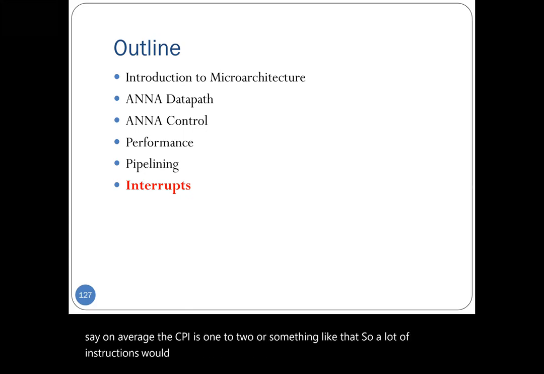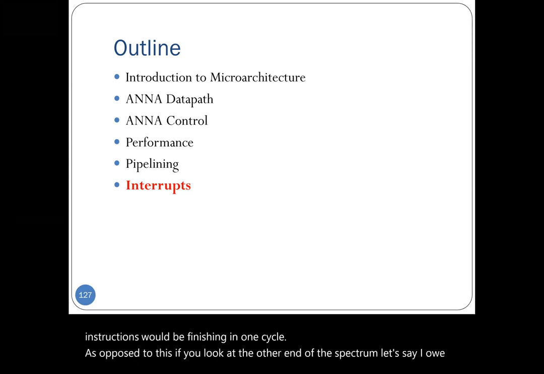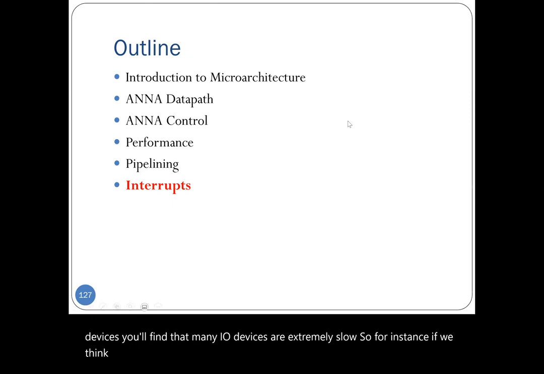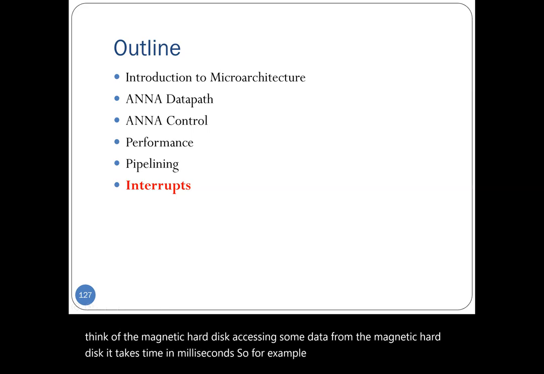As opposed to this, if you look at the other end of this spectrum, IO devices, you'll find that many IO devices are extremely slow. For instance, accessing some data from a magnetic hard disk takes time in milliseconds, for example 5 to 10 milliseconds, or maybe more sometimes.